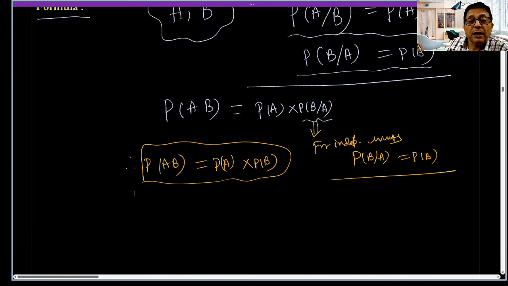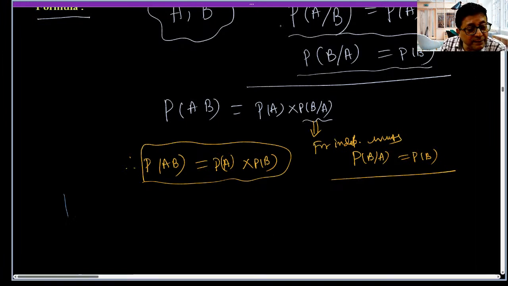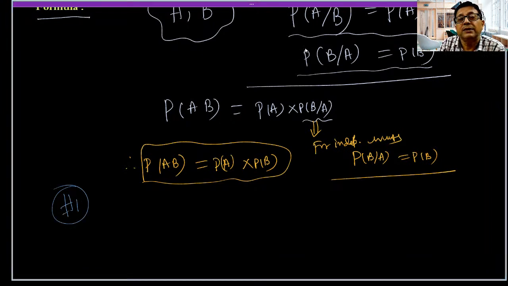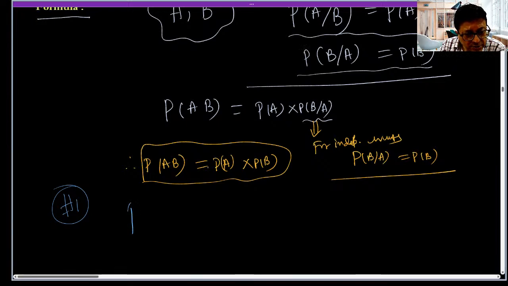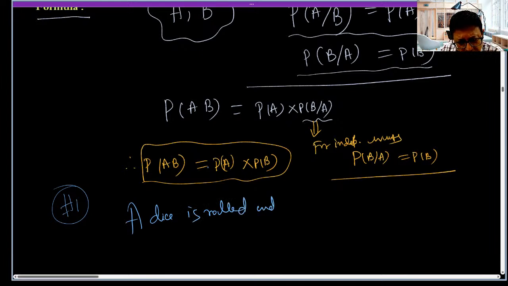Events are independent. I give you one example here. This is a very simple example, you will understand better. Example 1. A dice is rolled and a coin is tossed.